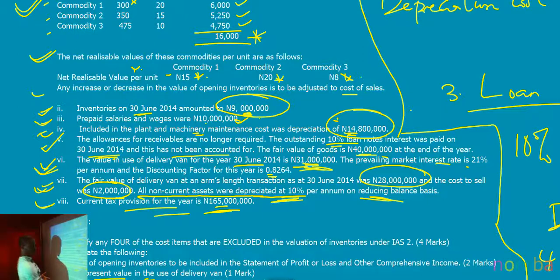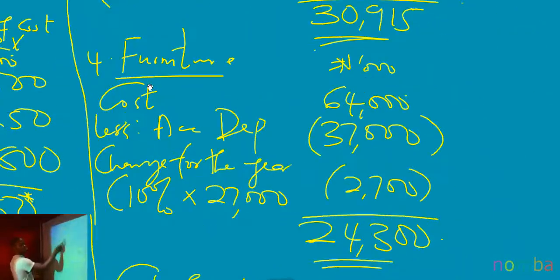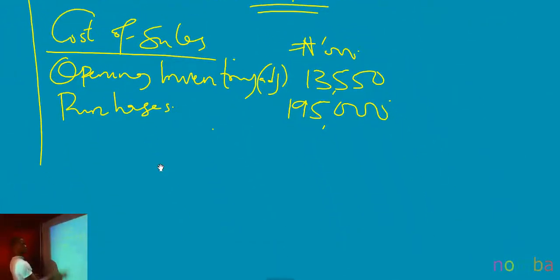And I was given 9 million. However, they also gave me the fair value of the goods as 40 million. So we need to take the lower of the carrying amount, which is 9 million, and the fair value, which is 40 million. Of course, you will go for the 9 million. So my closing inventory will be 9 million. So I will deduct my closing inventory.